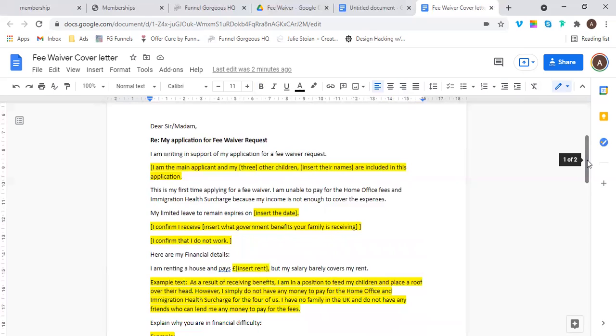Otherwise, if you're just writing a letter for the sake of writing, and it's confusing, not clear what you're trying to say, with wrong spellings all over, it's not going to be very helpful, because the caseworker reading it may get confused. So it's best to ask someone to reread it for you and correct the letter so that it is in a format where everything is clear, what you're trying to say comes across, and the Home Office caseworker understands what you are saying.